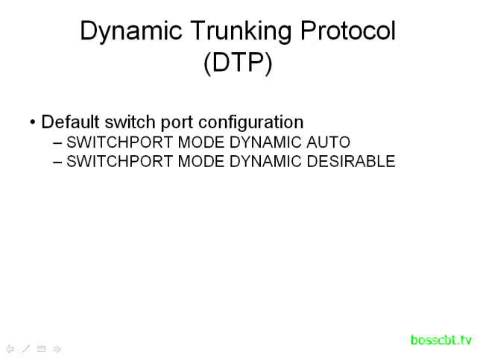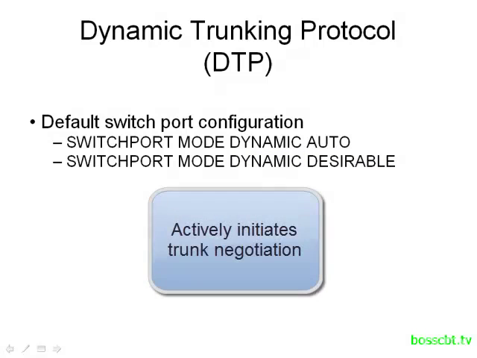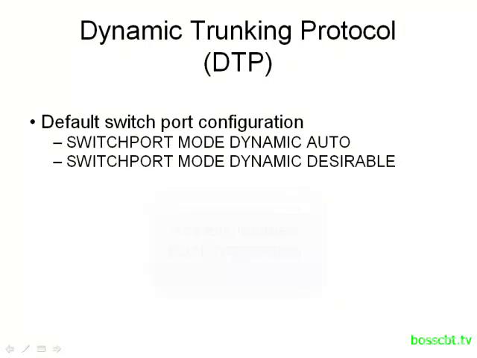There's another mode we can put a switch port into, and that's the dynamic desirable mode. This is a little bit different than the dynamic auto mode. In fact, this is an aggressive negotiation mode. Here, with dynamic desirable, the switch port is going to actively attempt to become a trunk, so it's going to take that first step in order to make the trunk happen.